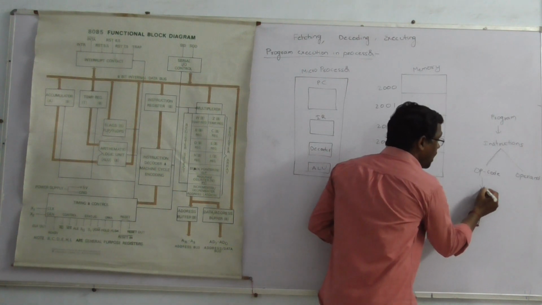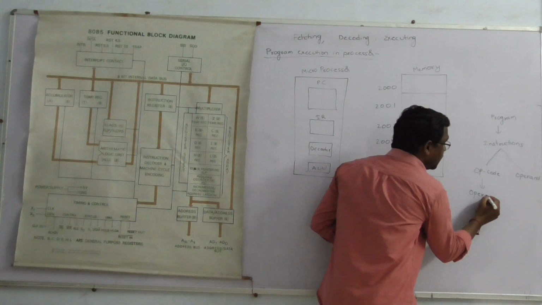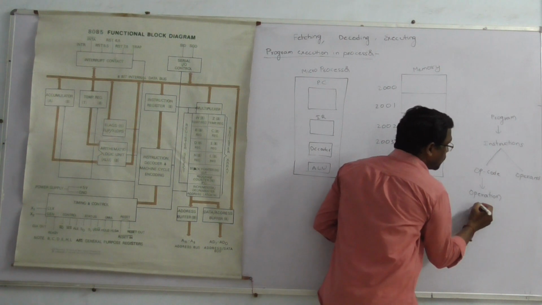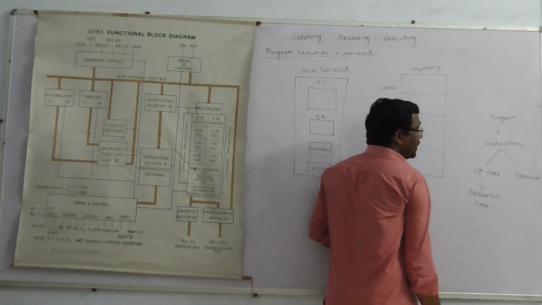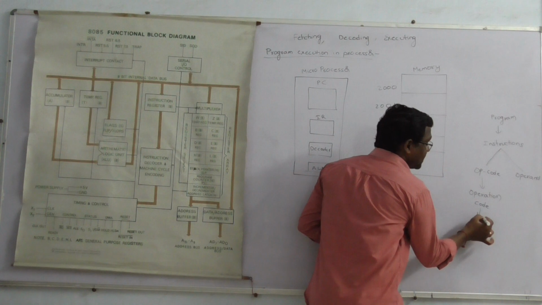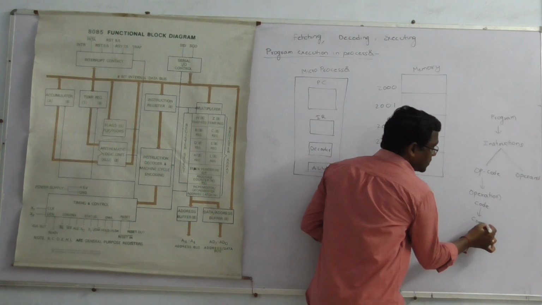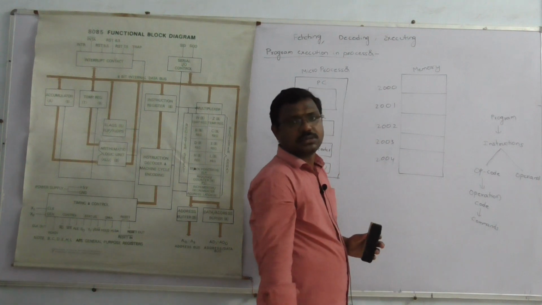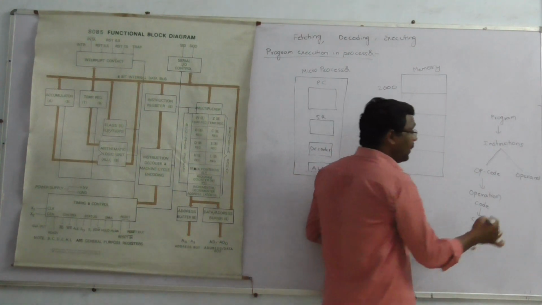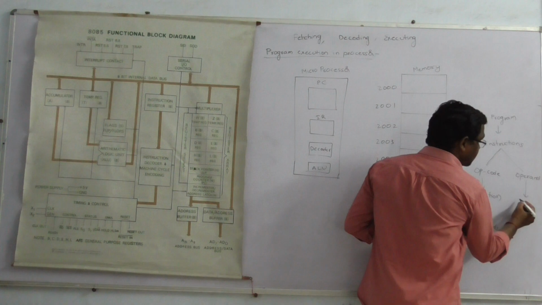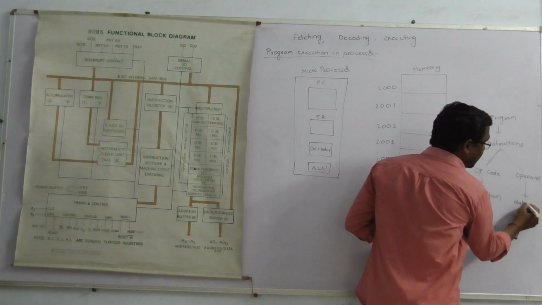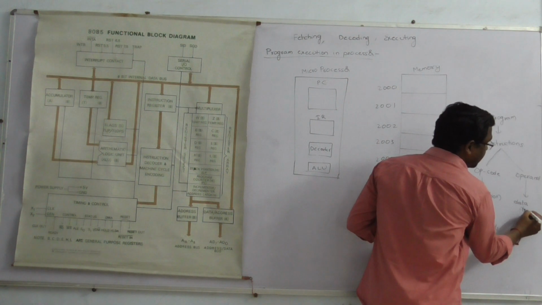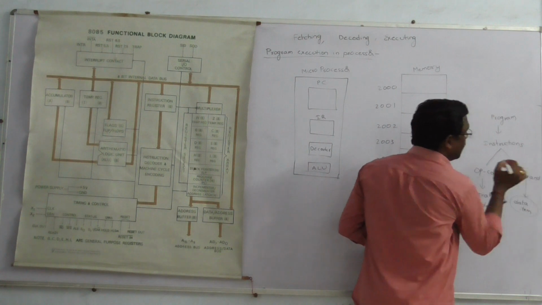Opcode means operation code, which is represented by the commands for the processor or CPU. The operand is represented by the data item.